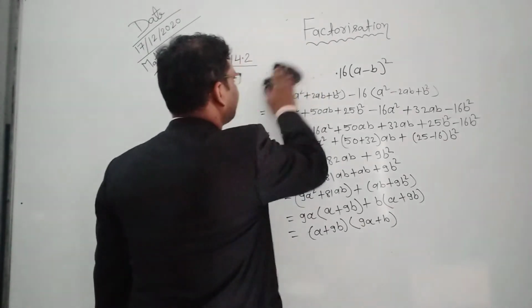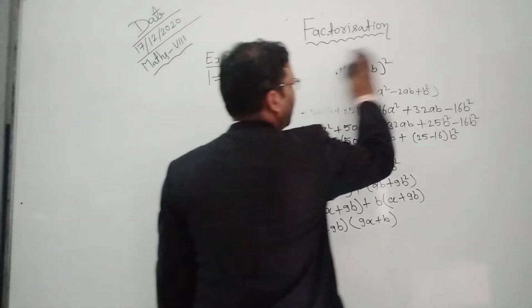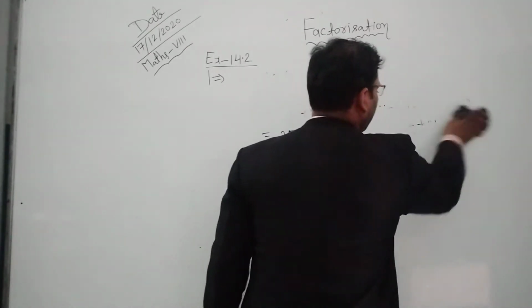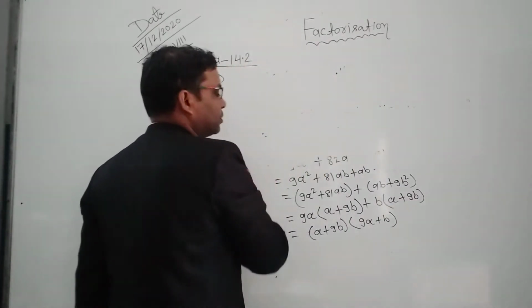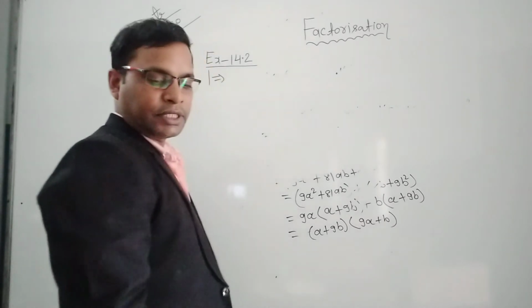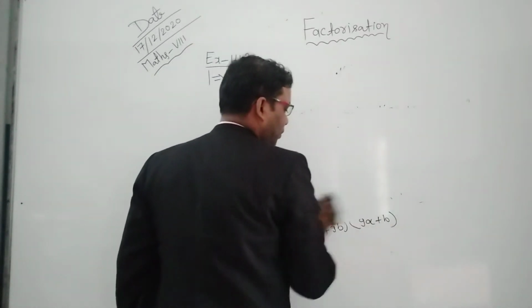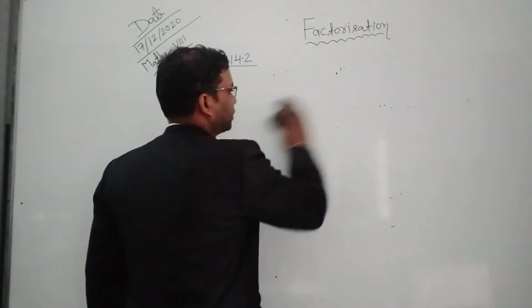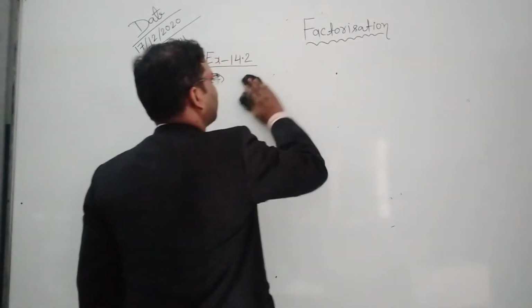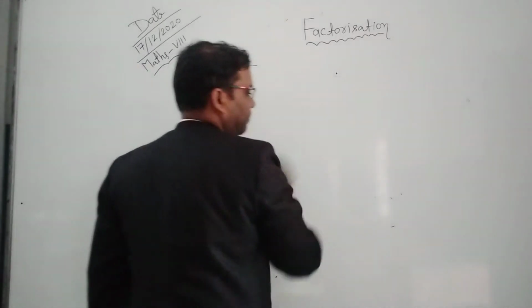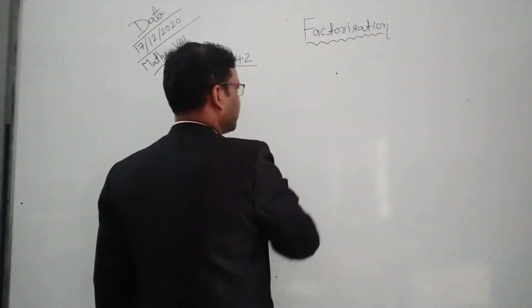In the B part of question number 1, it is given 16x square minus 1 upon 144. 16x square minus 1 upon 144. This is clear?